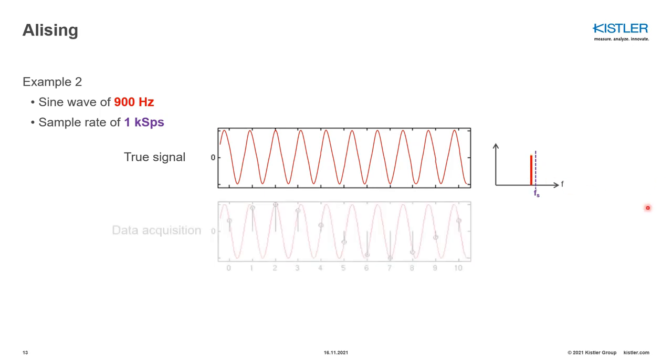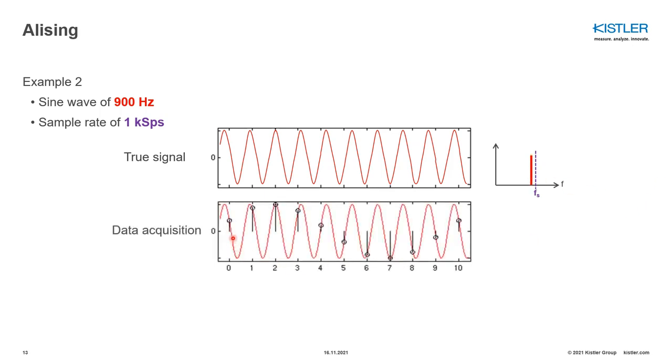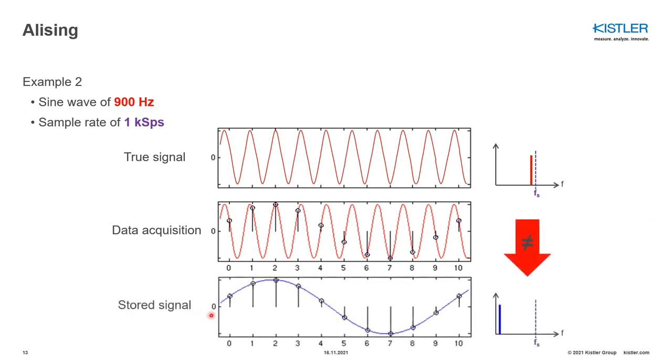It means that we will have, as you can see here, 10 times happening in this representation, and this means that the stored signal will be much different compared to the true signal. What we are actually measuring here is the difference between the true signal and my sampling rate, so 1000 minus 900, 100 Hertz. So now we are measuring 100 Hertz only.